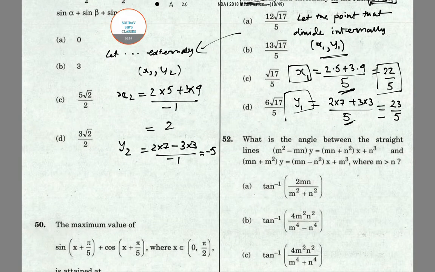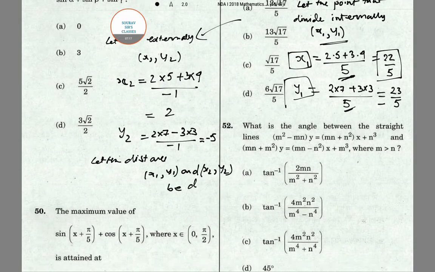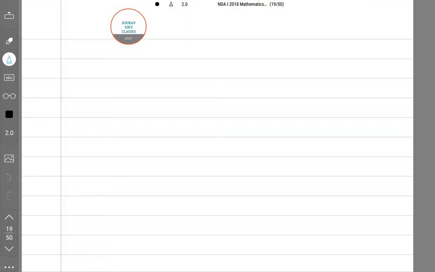Now let the distance between these two points (x1, y1) and (x2, y2) be small d. Now how do we find the distance? It is very simple.